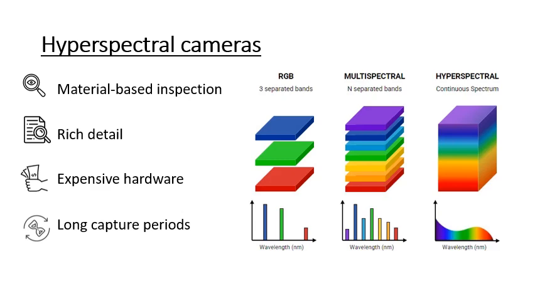There are two problems with these cameras though. They tend to be incredibly expensive in terms of actual renting them out or buying them. And as the technology improves, we're seeing the price drop, but we still see that this is going to be a problem for many years to come. There's also a problem with how long it takes to capture a single image.